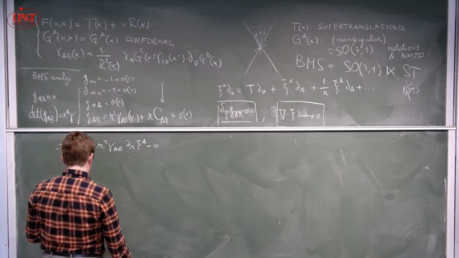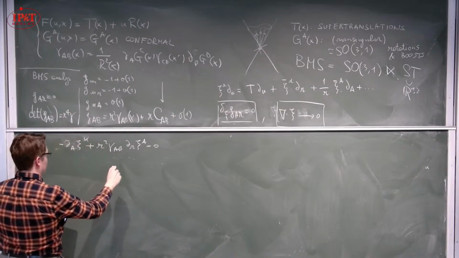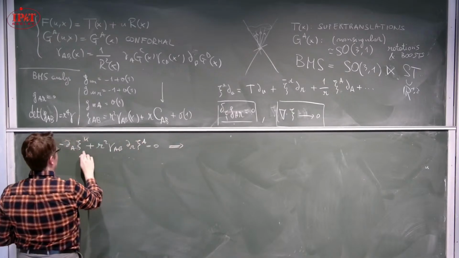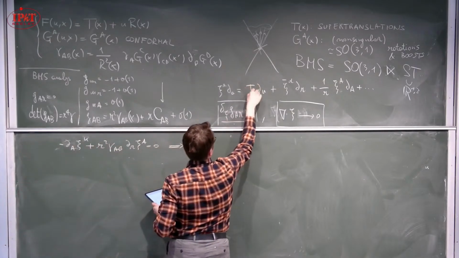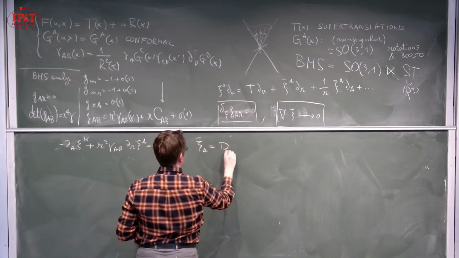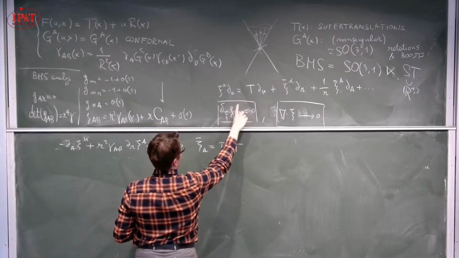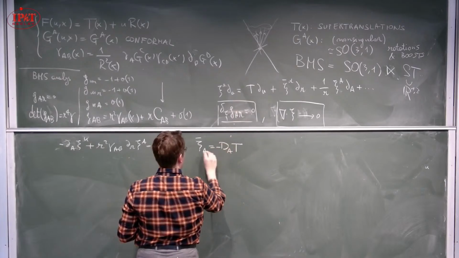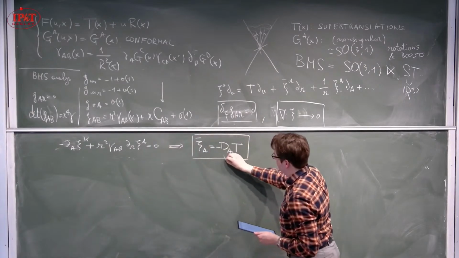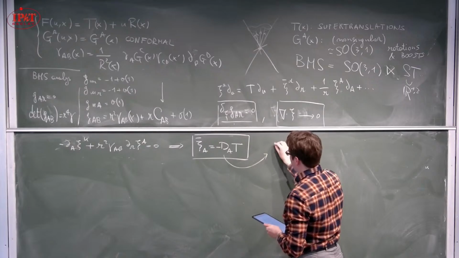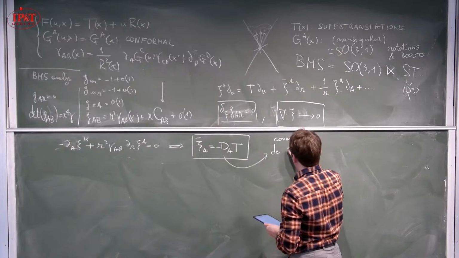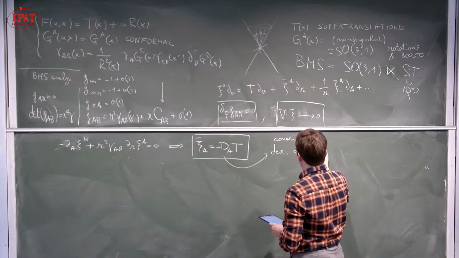And okay, from here we can substitute our ansatz, and we find we can express ψ^A in terms of ψ^u, which would be this guy. So you see this is related to a derivative of this function T, with the minus sign. So here it doesn't matter, but for later let me use this D_A, which are the covariant derivatives on the sphere.